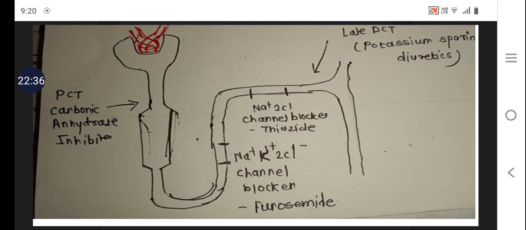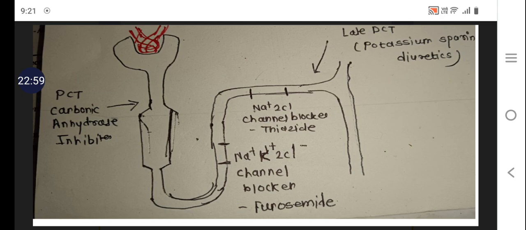Then the third important drug is the potassium sparing diuretic. Its site is the late distal tubule, and in the late distal tubule this drug binds with the aldosterone receptor, and it blocks the action of aldosterone competitively. And the drug with medium efficacy is the carbonic anhydrase inhibitor.